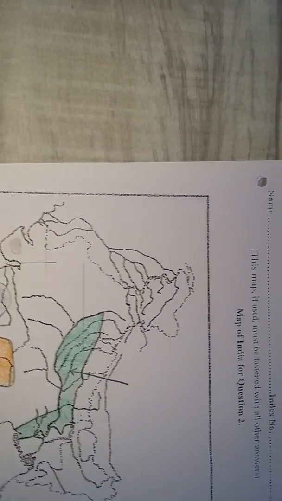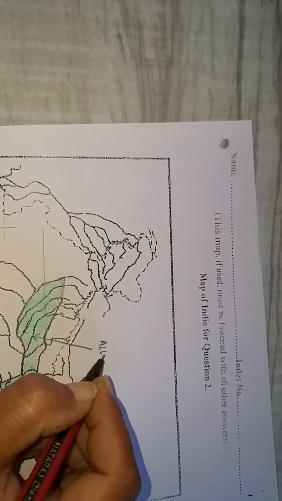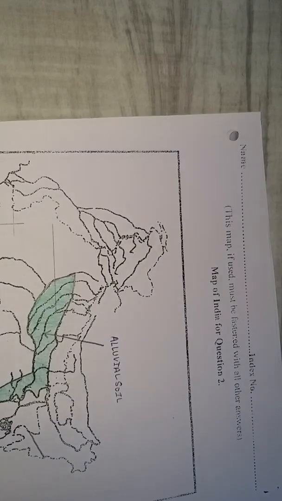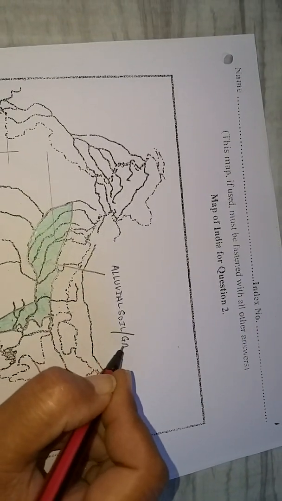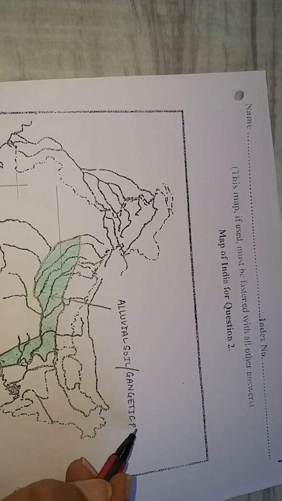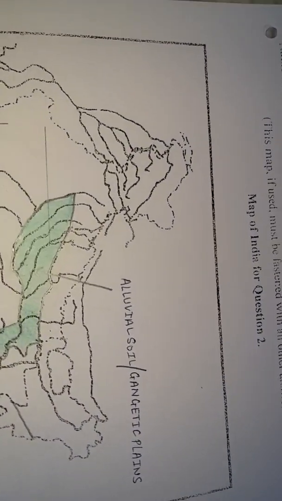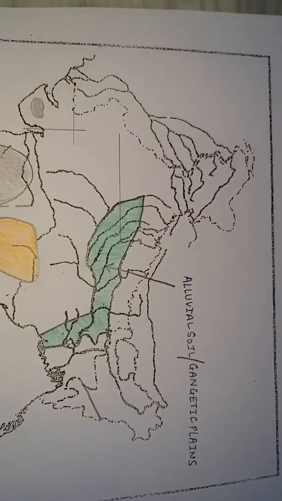We'll label this with capital letters. Alluvial soil. The same labeling is for Gangetic plains also. So let us mark that also. The same patch is for alluvial soil and Gangetic plains also.